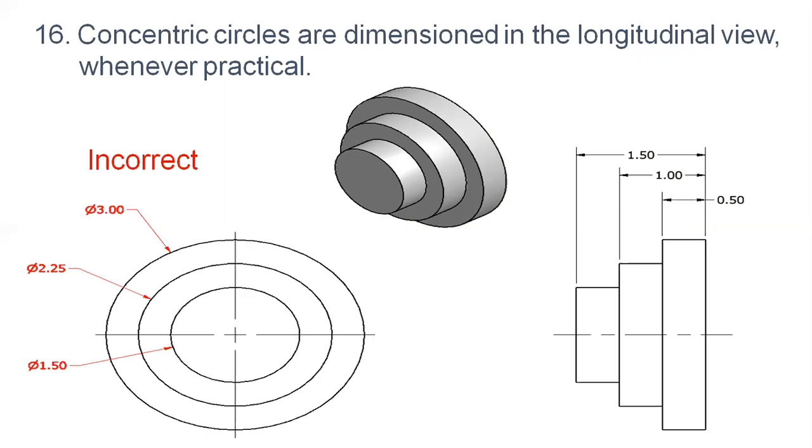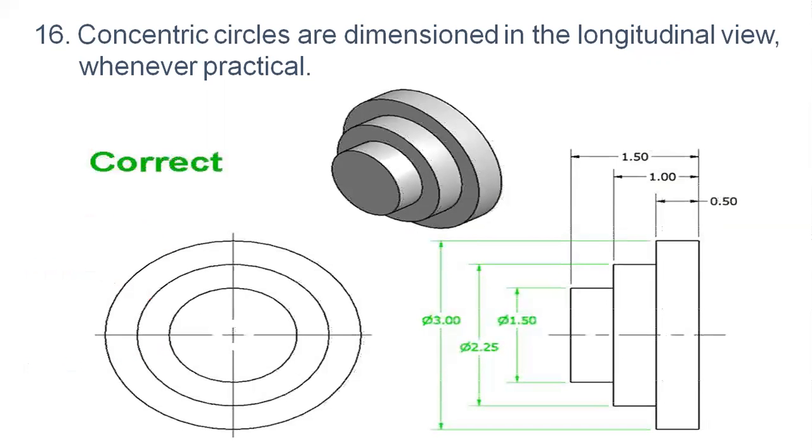Concentric circles should be dimensioned in the longitudinal way whenever possible. Here you can see the correct way of showing the dimensioning. In the longitudinal way, you can see 1.5, 2.25, and 3 mm are the dimensions of those concentric circles shown in the longitudinal way. This is the correct way of dimensioning.